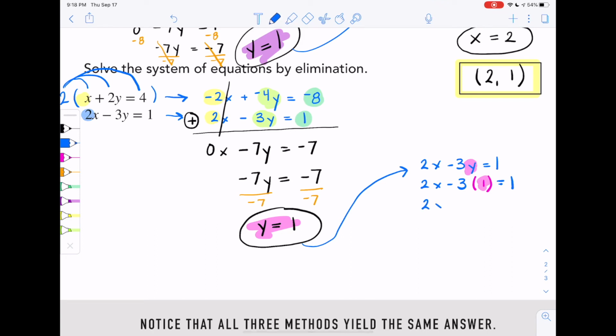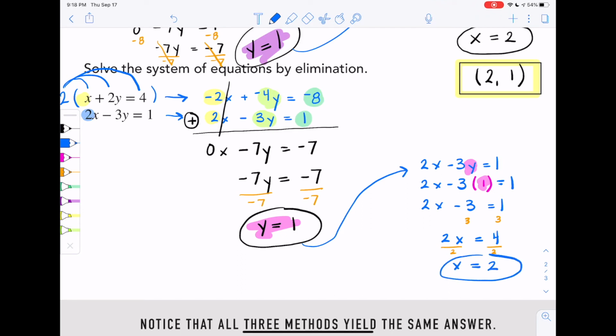I have 2x minus 3 is equal to 1. Add 3 to both sides. 2x is equal to 4. Divide both sides by 2. And x is equal to 2.